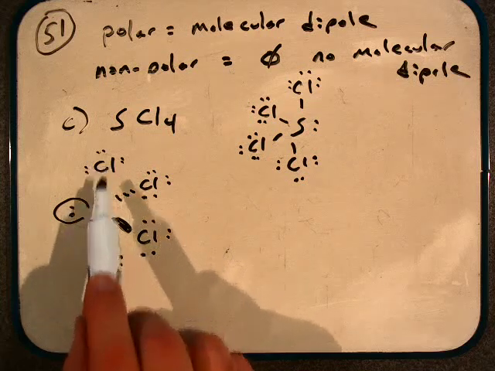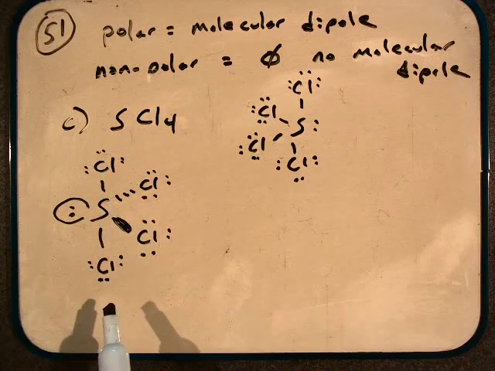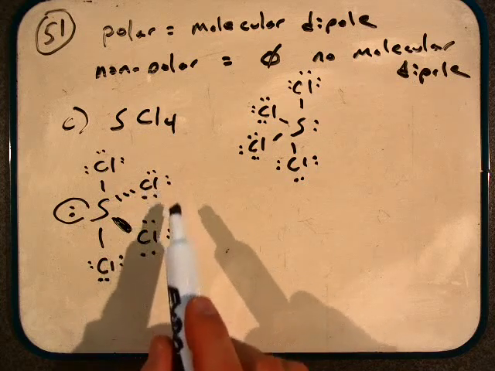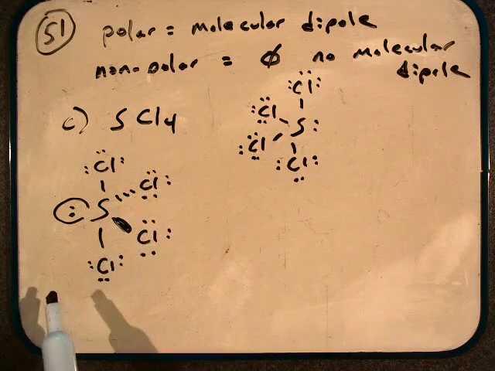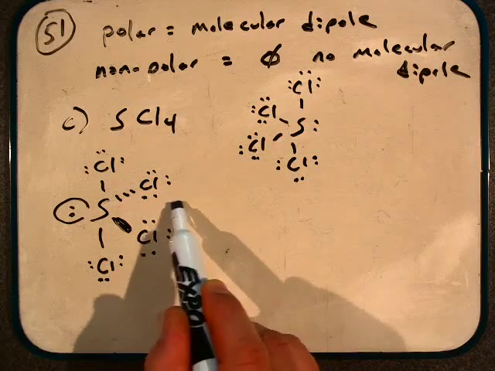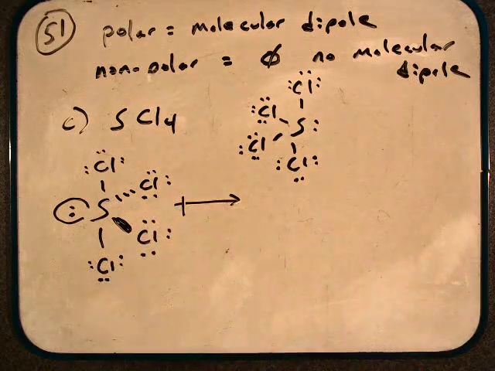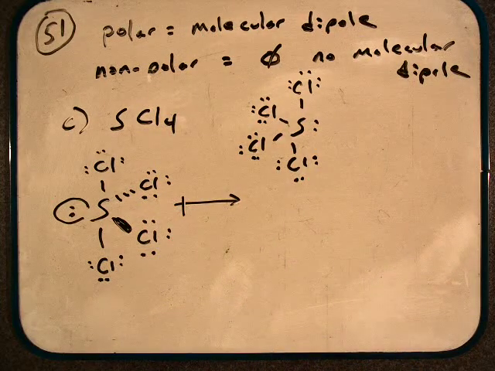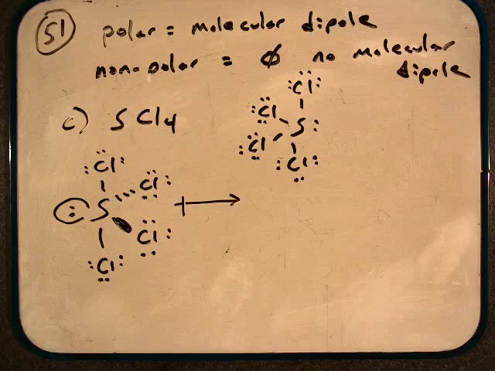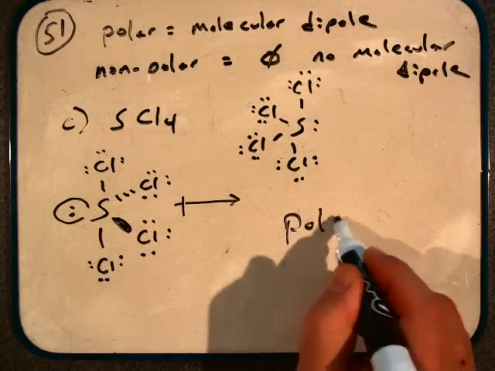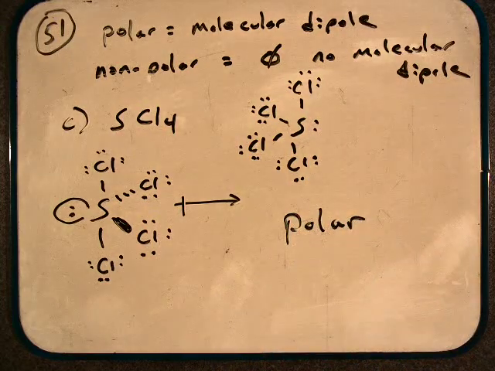The one that is pointing up cancels out the one pointing below, and the chlorine that's going back cancels to some degree the chlorine coming out, but there is an overall additive effect of now having a molecular dipole that's actually pointing from left to right. And so this molecule also has a molecular dipole, and so as a result it is also a polar molecule.